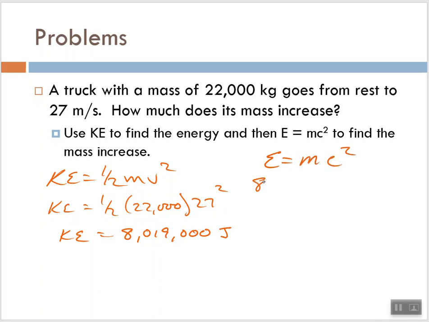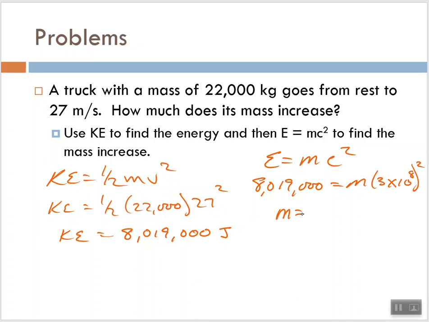Well, that's 8,019,000 equals m times 3 times 10 to the 8 squared. So we're solving for mass. How much mass did you have to gain to gain that energy?